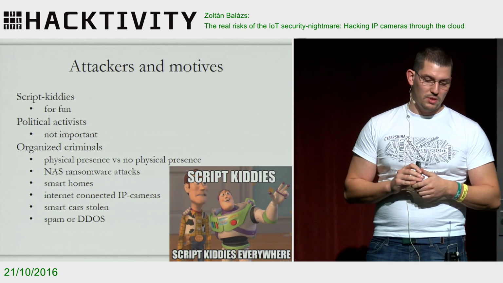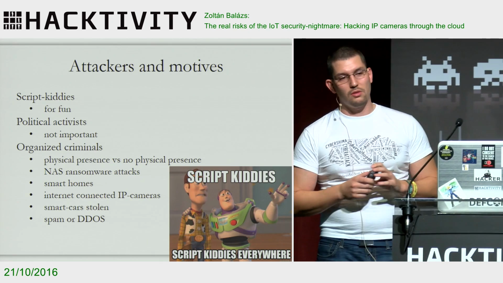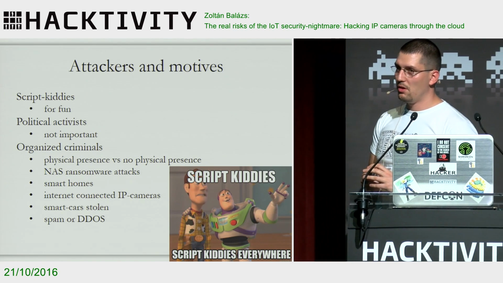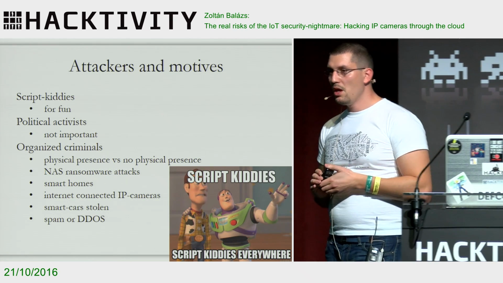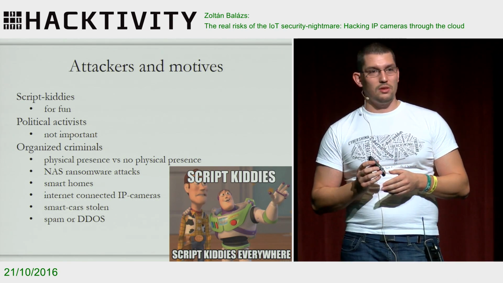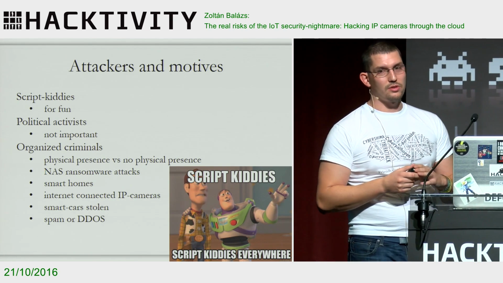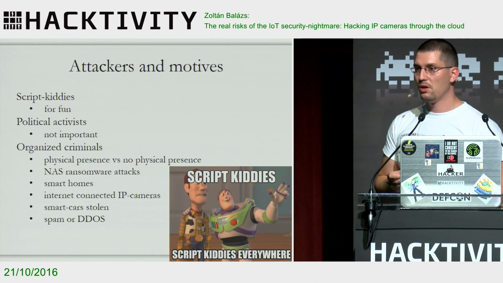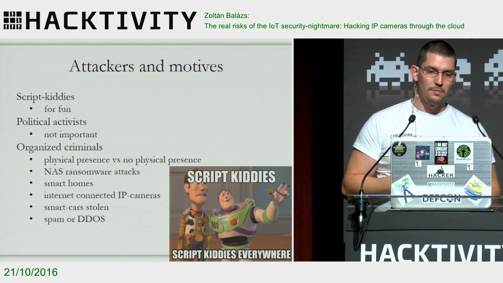So the bad guys basically encrypted the content of these network-attached storage devices, and they were demanding a ransom for this. If you are talking about smart homes and burglaries, might be that if you have a very luxury house, then the burglars will start with hacking your smart home. And as it turns out, it's not that hard at all.